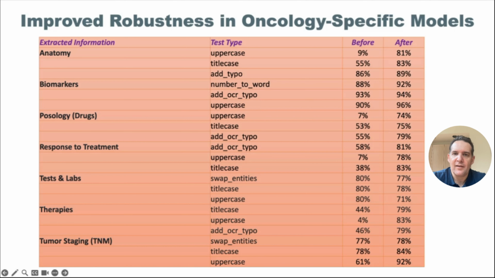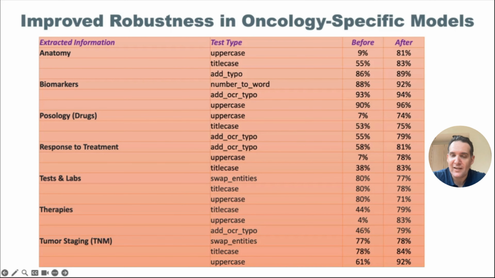One of the things we've been doing over the past year is using LangTest and these different types of data augmentation to actually improve our own models. You can see here some before and after examples of how the models behave if you have typos, uppercase and lowercase issues, or OCR typos.